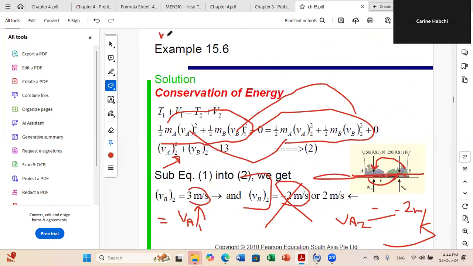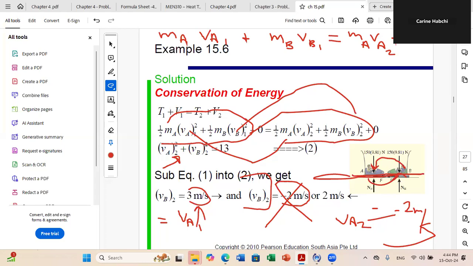Conservation of linear momentum, which is MA times VA1 plus MB VB1 equals MA VA2 plus MB VB2.